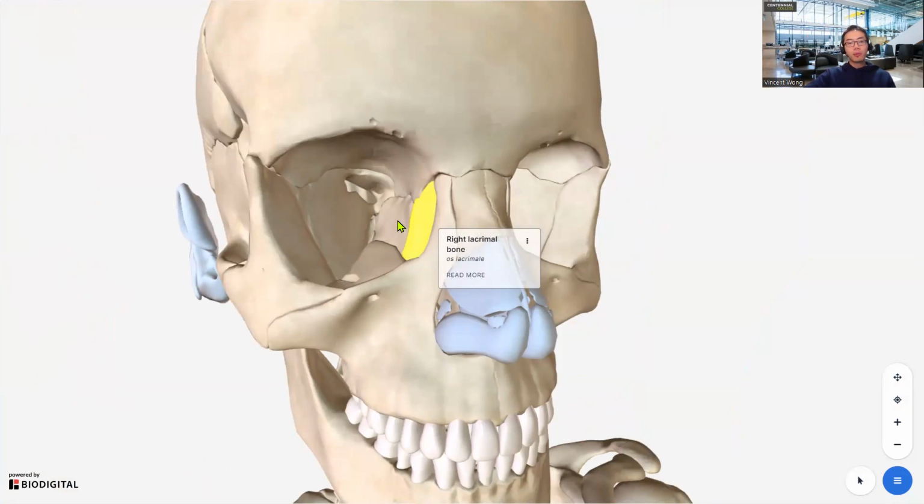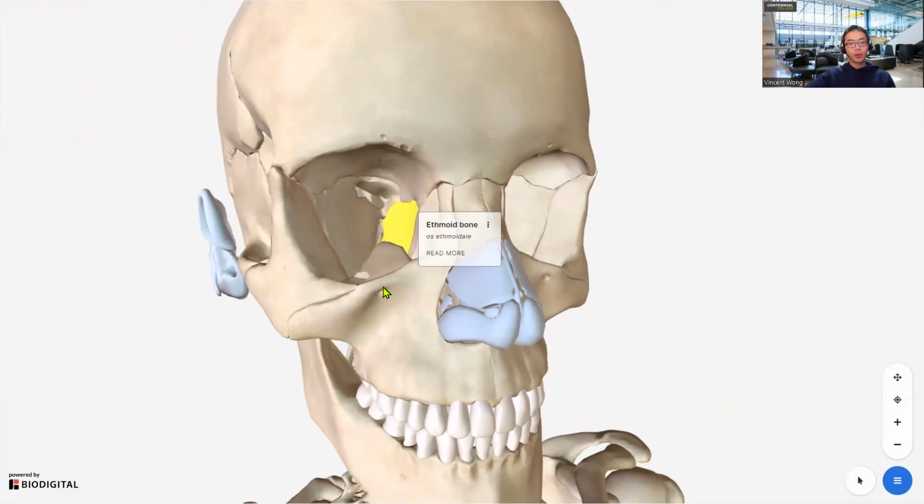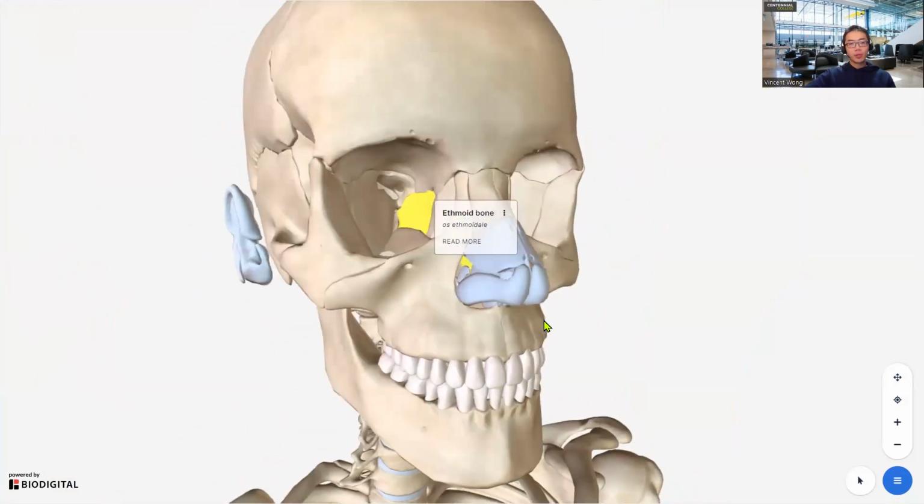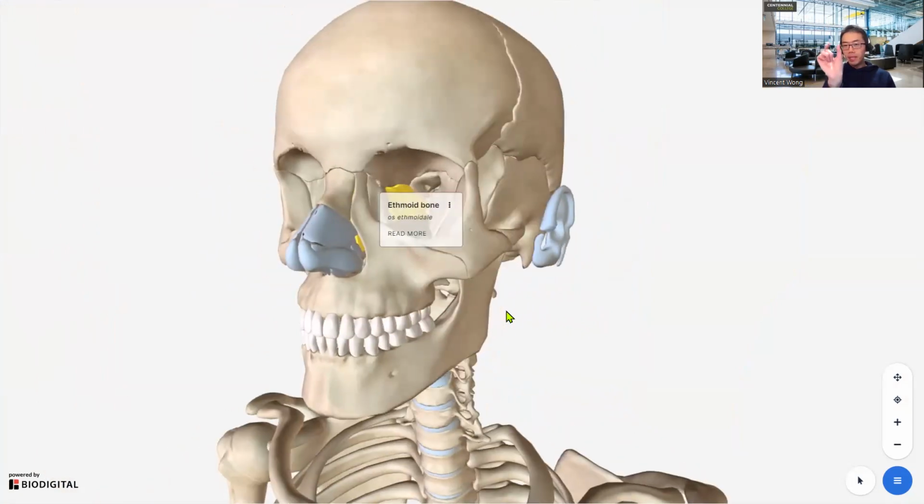And then behind the lacrimal bone is your ethmoid bone. There's only one ethmoid bone. You can see it goes to both sides. Okay, so on the medial side of your eye socket, there are 3 bones, starting with the maxilla at the very anterior end, followed by lacrimal bones, and finally we have the ethmoid bone.